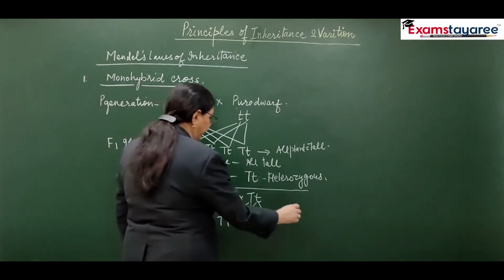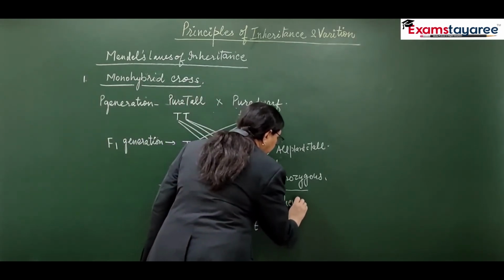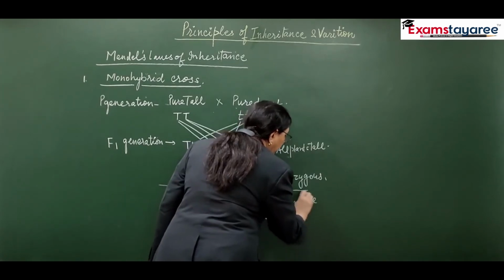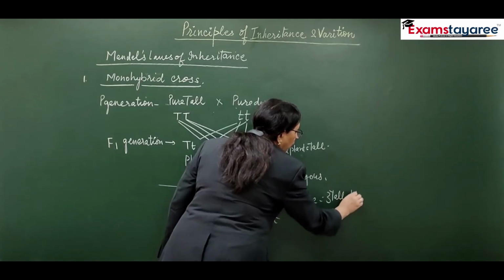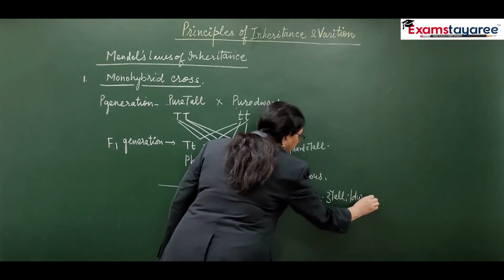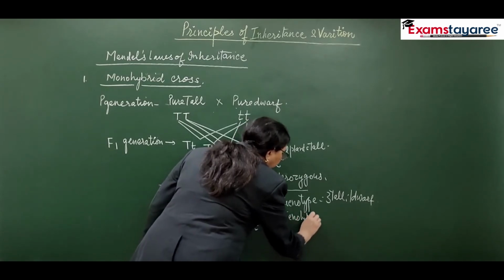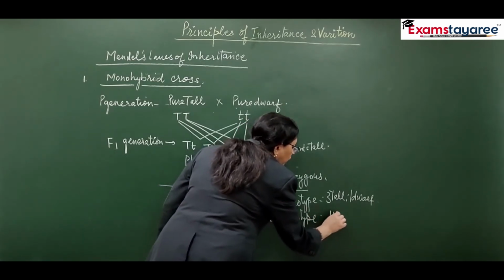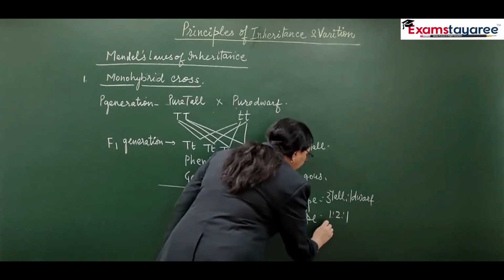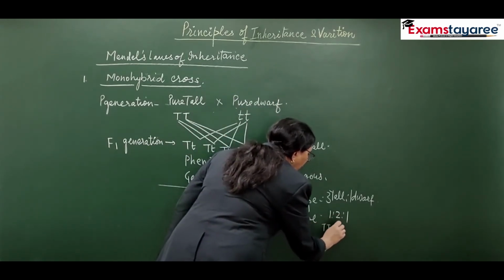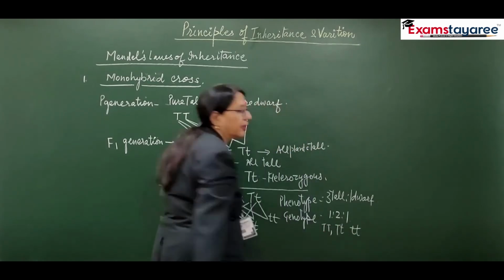So, if we see the phenotype here, the phenotypic ratio will be 3 tall is to 1 dwarf, right, and genotype will be 1 is to 2 is to 1, out of which 1 is capital T, capital T, 2 are capital T, small t and 1 is small t, small t.